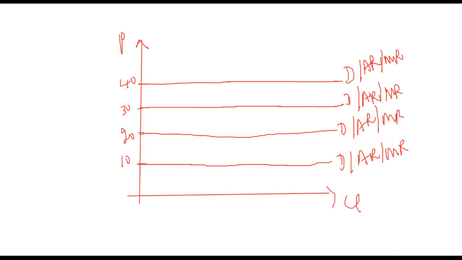Then I'm drawing the ATC curve. So this is my ATC curve. And in the exam, in addition to the ATC, for the calculations only ATC is needed. Anyway, in addition to the ATC, they give the AVC also.